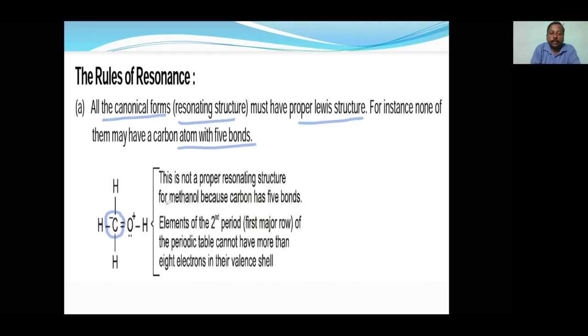So there will be a resonance problem. This is not a proper resonating structure for methanol because carbon has five bonds.